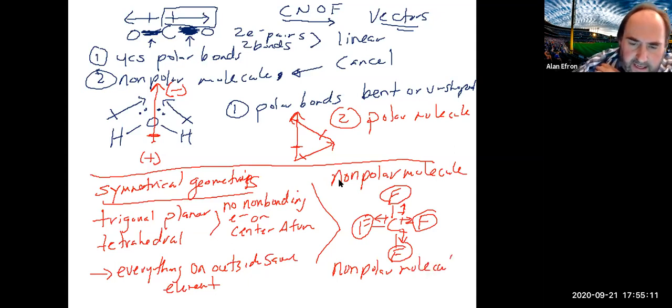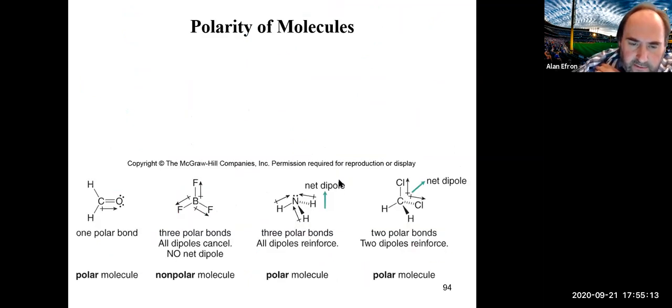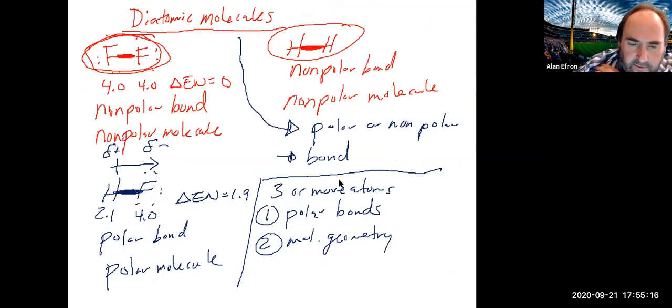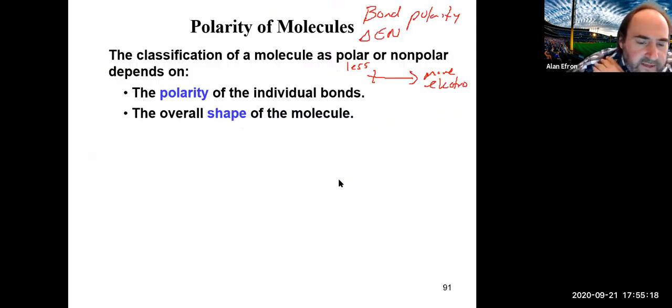Now, if you take that exact same thing, with all of those fluorines, but you take off one of the fluorines and substitute in a hydrogen, for example, now what you have is everybody pulling towards the fluorines.